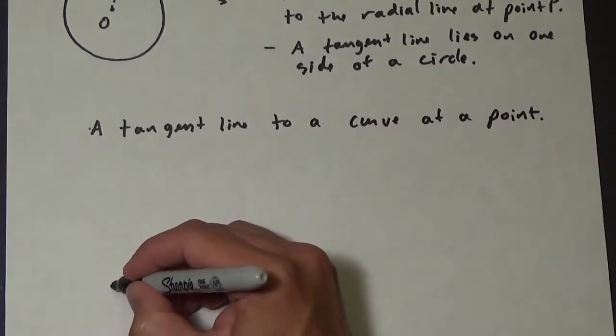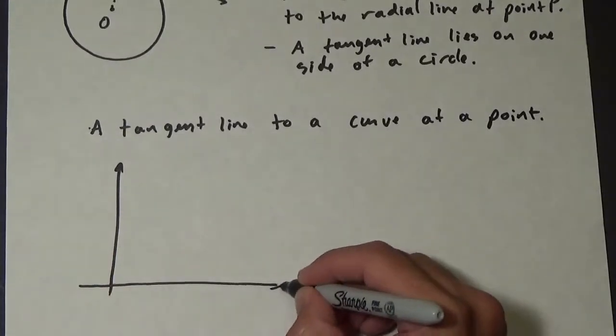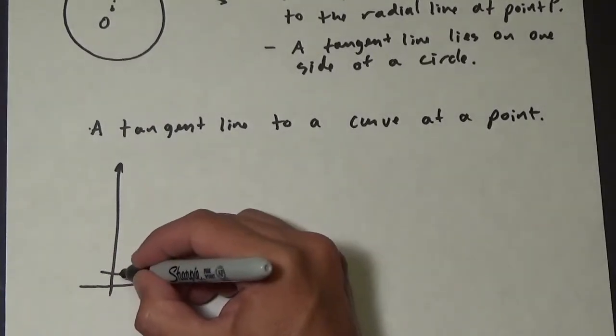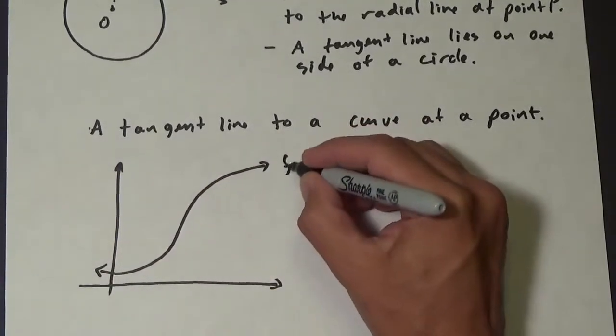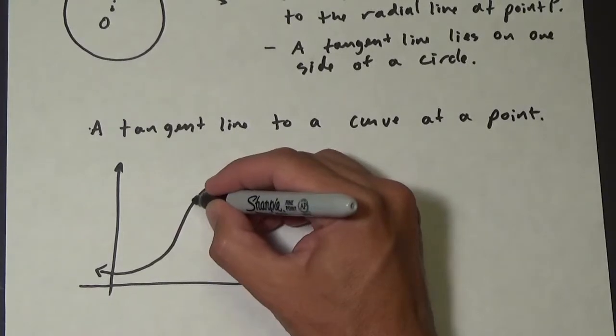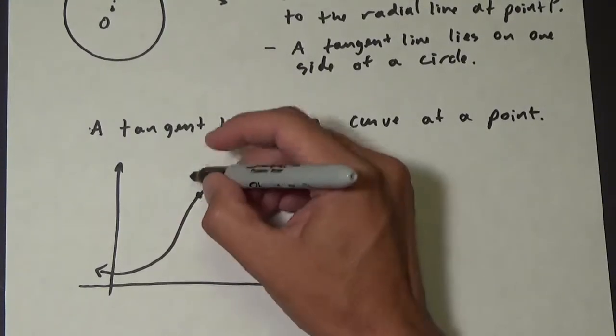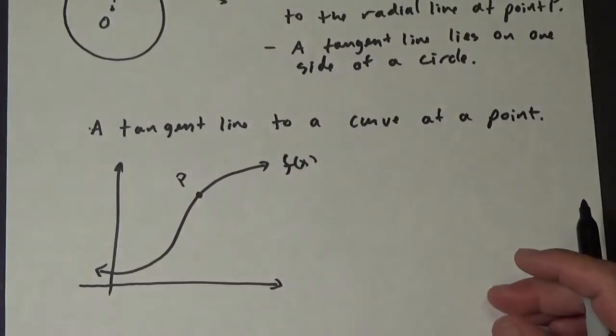So for this particular situation, let's say we have some random f of x. So here's f of x. And we choose some point P, and we want the tangent to that.